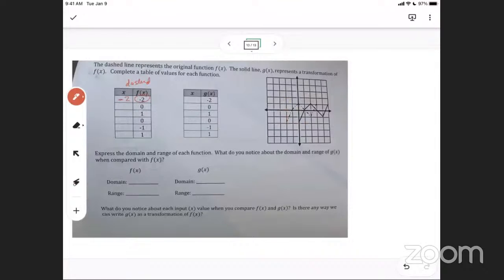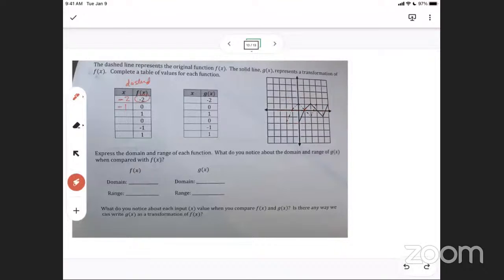Do the same thing with 0. Where does the graph touch 0? It touches at a couple different places. If I do this, it touches 0 here and here and here. So they probably want you to write -1 here, and they probably want you to write +1 for this point right there.